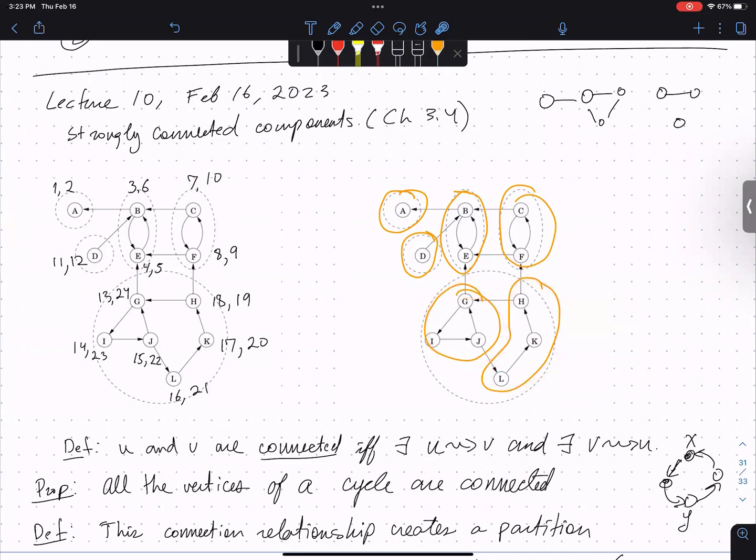And the reason is, if you have a cycle in here, everything in here is connected. Everything in here is connected, right? Like H to L, there's a path from H to L. They're connected. And then there's an edge going out of the right component into the left component, and an edge going out of the left component into the right component.